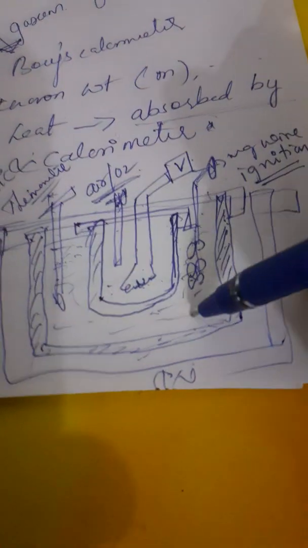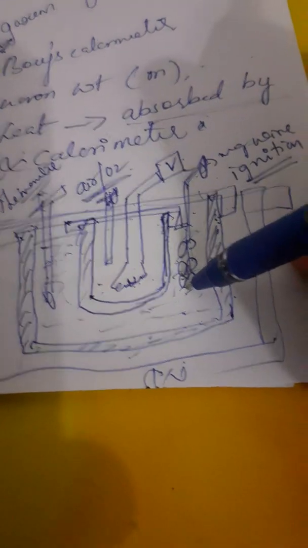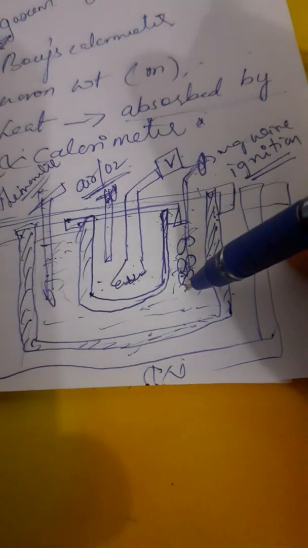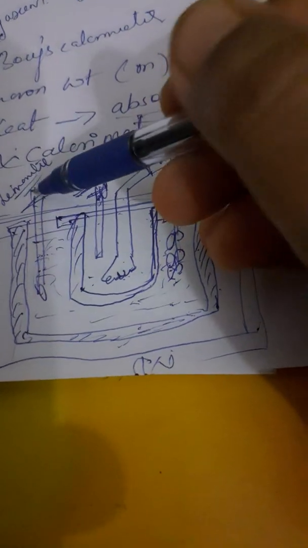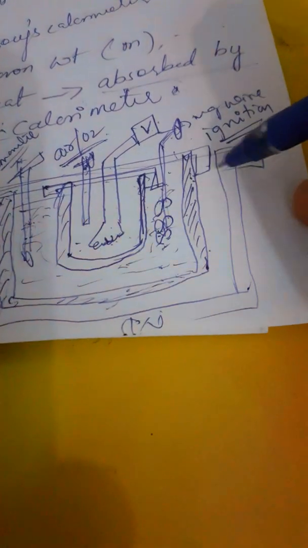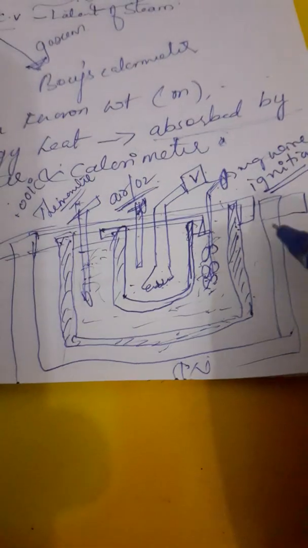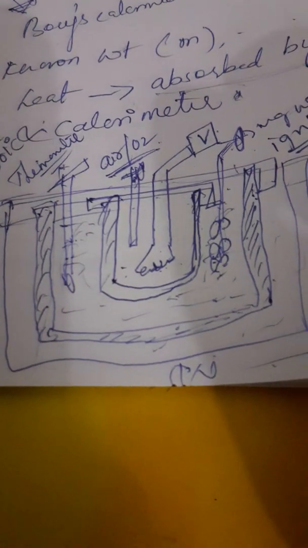This copper calorimeter is provided with an electrically operated stirrer for mixing of the water and a Beckmann thermometer to read the change in temperature. The copper calorimeter is surrounded with an air jacket and a water jacket for proper insulation. Okay, this is the construction.